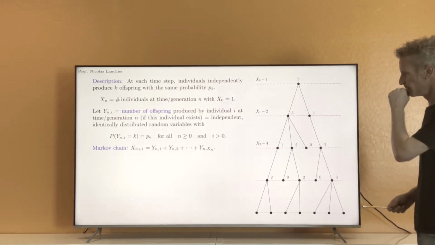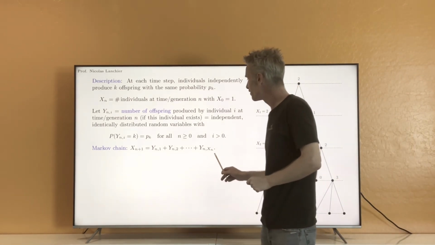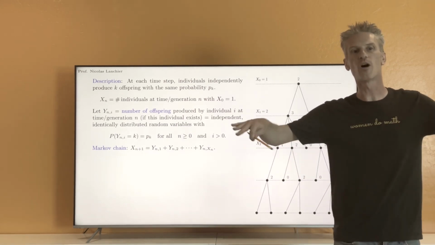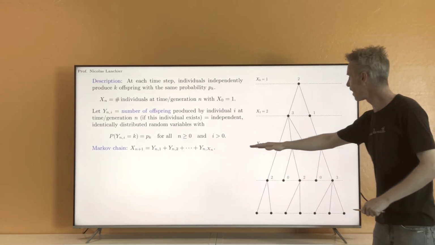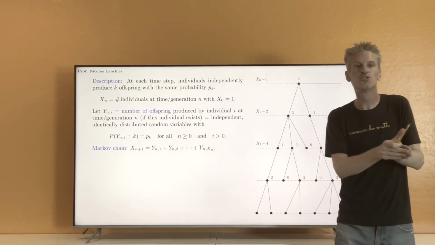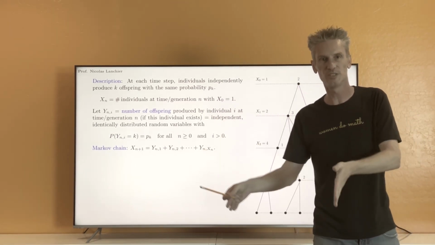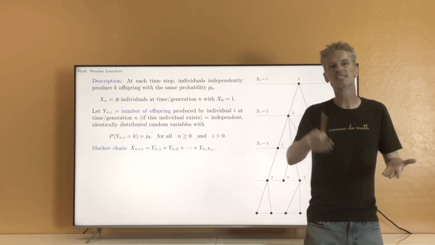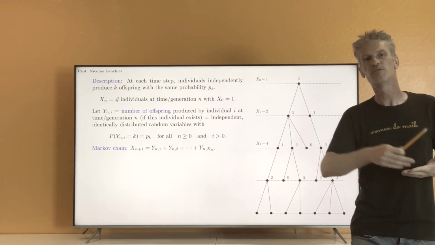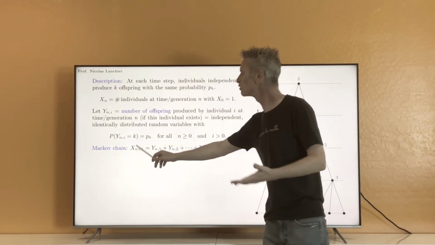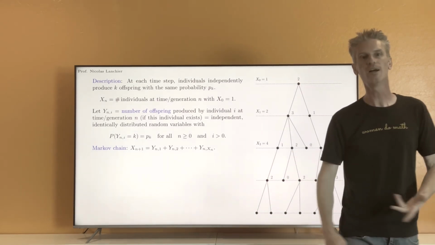So now, notice that if xn equals 0, that means that at time n there are no more individuals, or your graph just died. Then in this case, you want xn plus 1 also to be equal to 0. If you have no more individual at generation n, then there is no potential parents that can produce offspring. And so if xn equals 0, xn plus 1 should be 0.